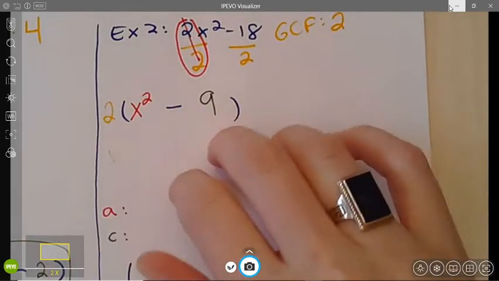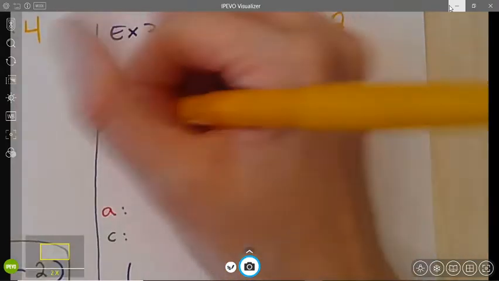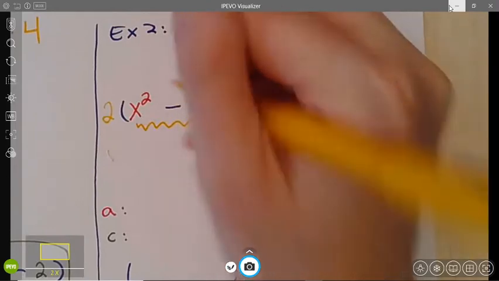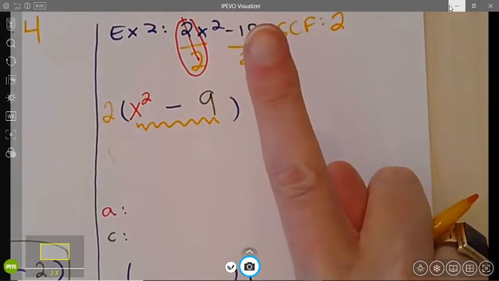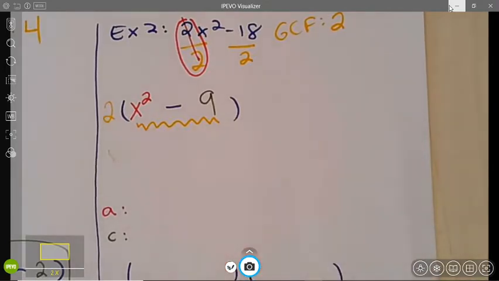But every single time you factor out the GCF, you need to look inside of your parenthesis, and ask yourself, can I keep factoring? Well, let's look at this specifically. This x squared minus 9.